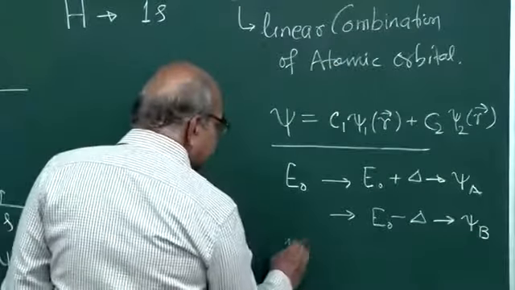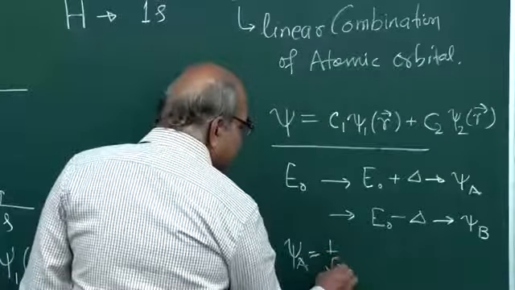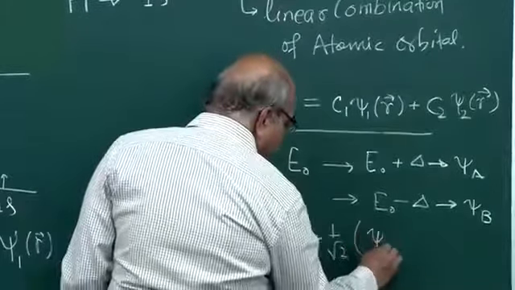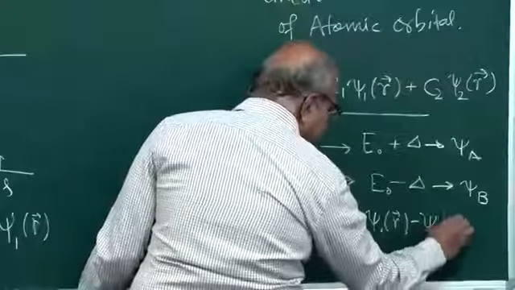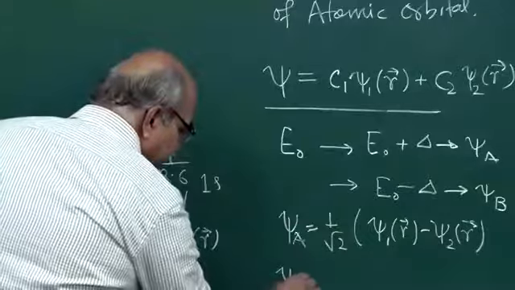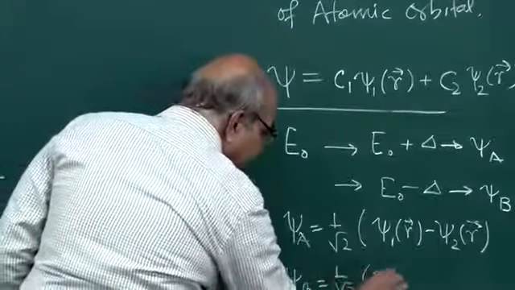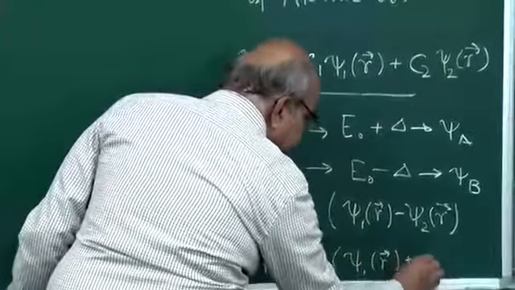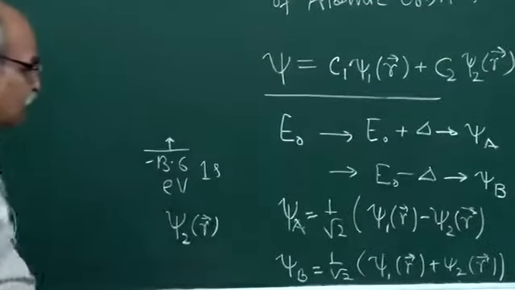This psi A turns out to be 1 over square root of 2, and then you have psi 1(r) minus psi 2(r), and the psi B turns out to be 1 over root 2 and then psi 1(r) plus psi 2(r).